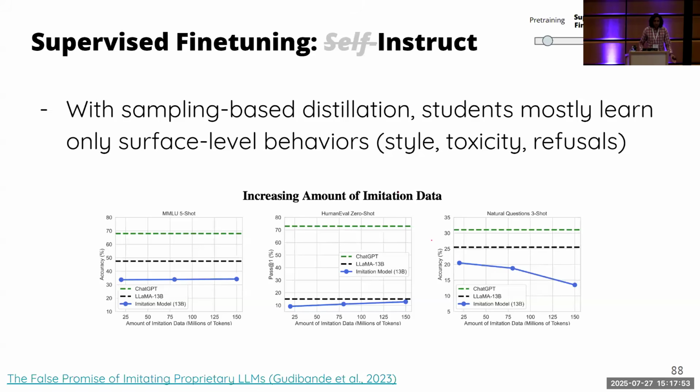And in Natural Questions, it's actually going down. So why is it that doing this recipe that seems very reasonable, where we distill from a bigger model, is not actually improving some of these really non-trivial skills that we care about from language models?